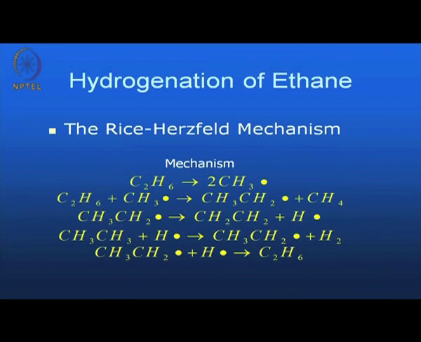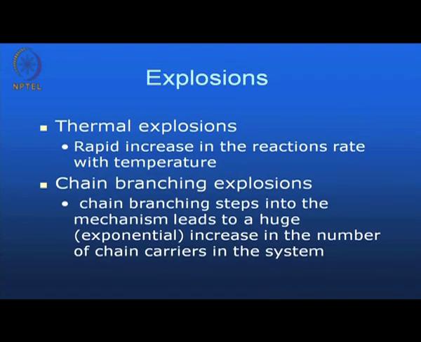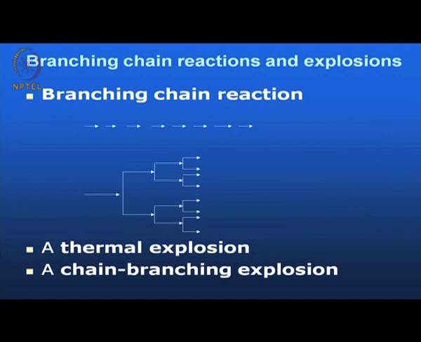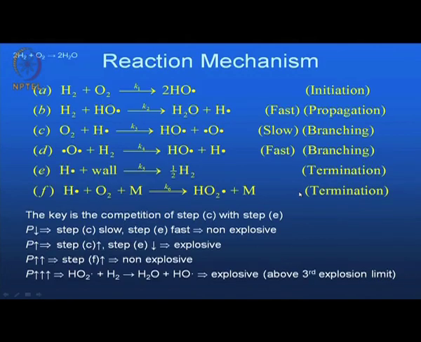Then we moved on to explosion, and to branching of chains which leads to explosion. We took the classic example of H2 plus O2 producing H2O, talked about the mechanism in detail, and the factors that affect whether explosion will take place or not, which we can explain very well.